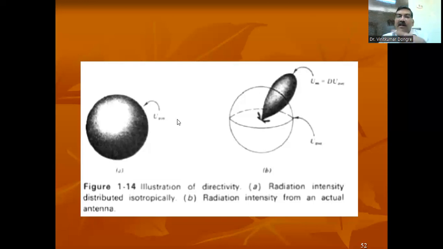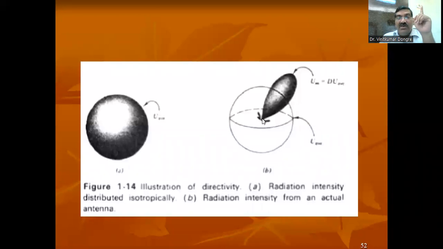I'll repeat again. Suppose this antenna A is an isotropic source. It is radiating 1 watt power. And this antenna B is a highly directive antenna. It is also radiating 1 watt power. But the directivity and gain of antenna B is very, very high as compared to the isotropic source, although they are transmitting the same power.